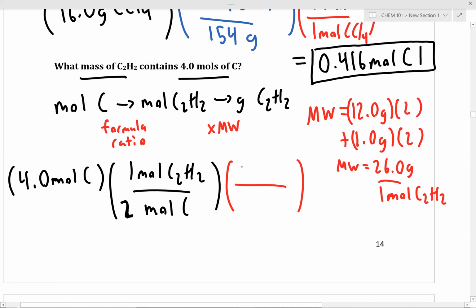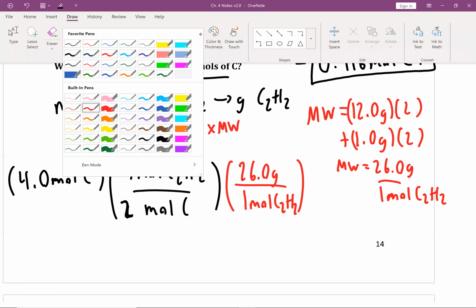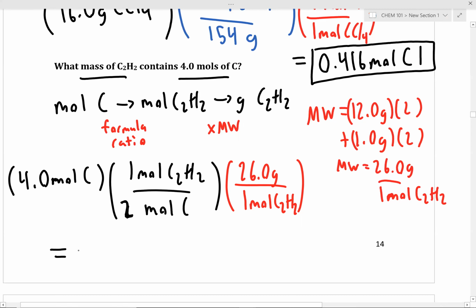Grams. So we have 26.0 grams per every 1 mole of C2H2, for every 1 mole of acetylene. Now, all you have to do is punch it into your calculator, and you're good to go. So let's do just that. So we have 4 divided by 2 times 26. And that in turn gives us a mass of 52 grams of acetylene, C2H2.